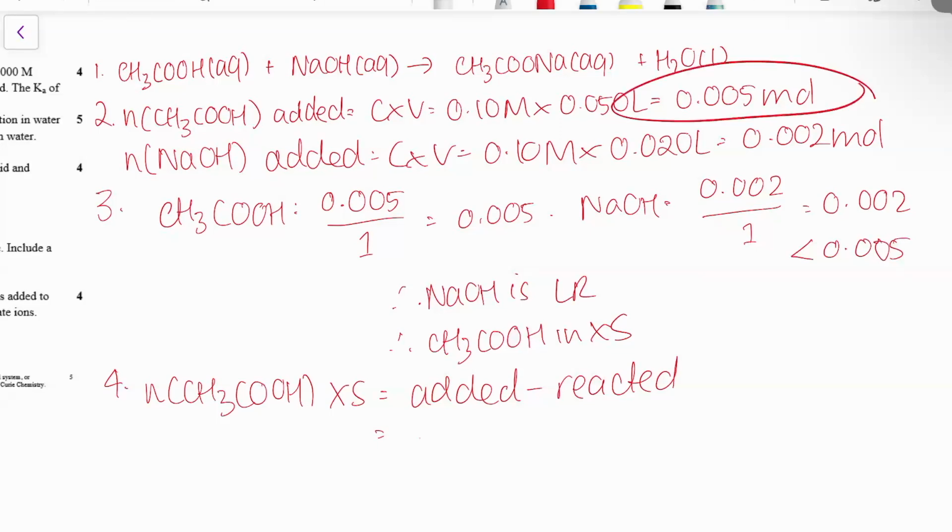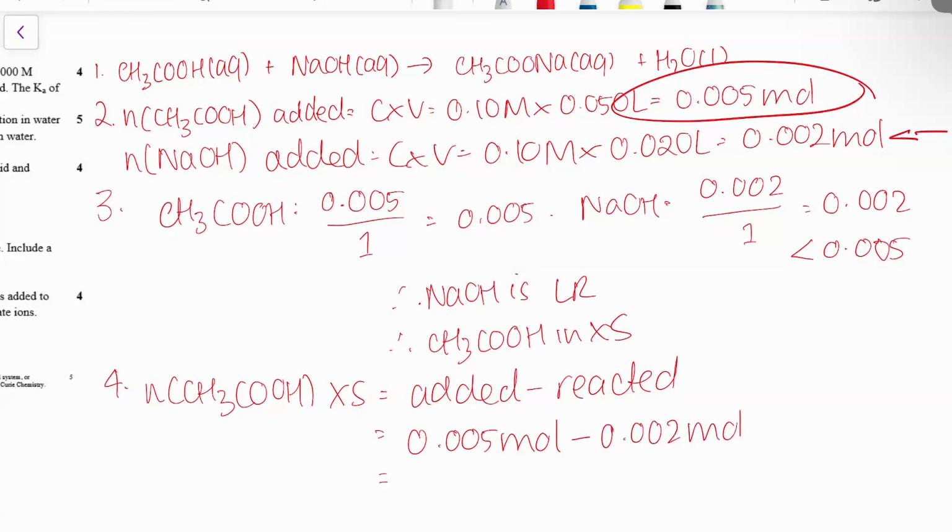That's the 0.005 mole. The amount reacted depends on my NaOH because that's the limiting reagent. And it's a 1-to-1 ratio. So for each mole of NaOH reacted, 1 mole of acetic acid reacts. So if I have 0.002 moles as my limiting reagent, that's the amount that reacted as well.